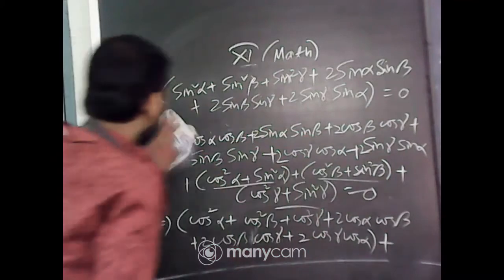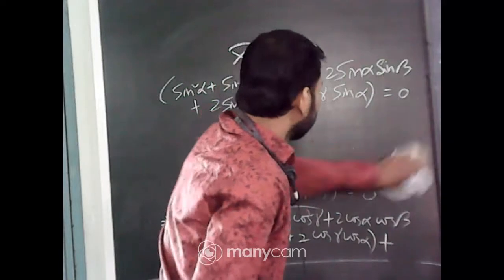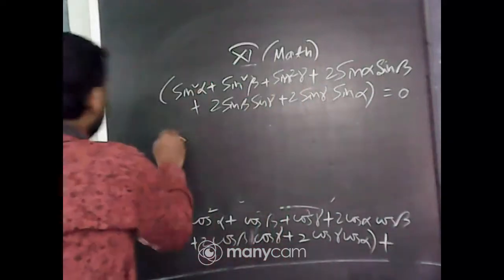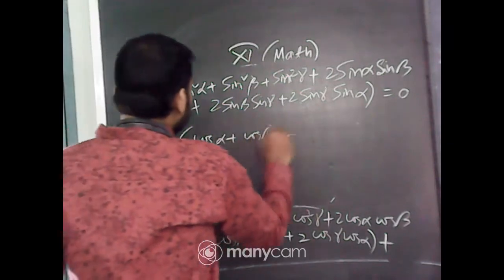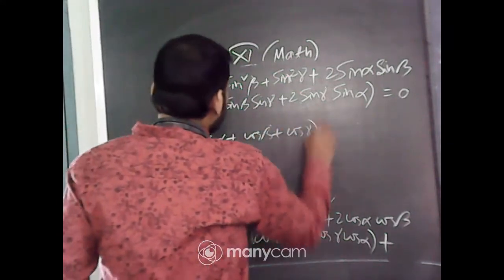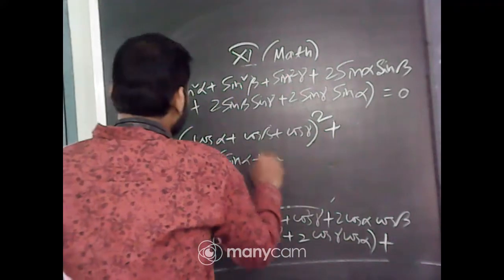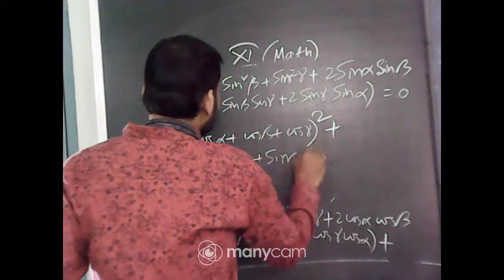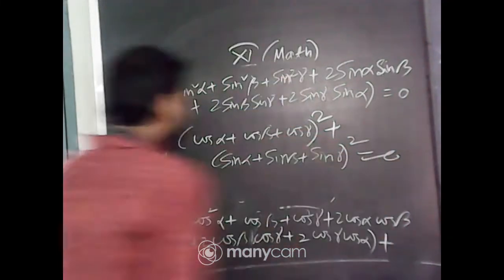I am erasing this line. Now this can be written as cos alpha plus cos beta plus cos gamma whole square plus sin alpha plus sin beta plus sin gamma whole square equals 0.